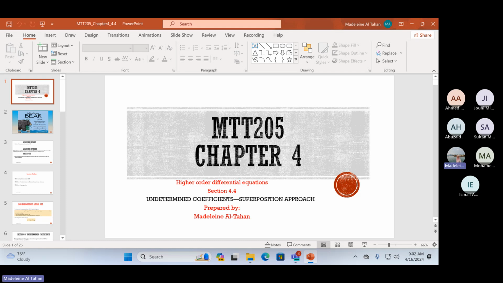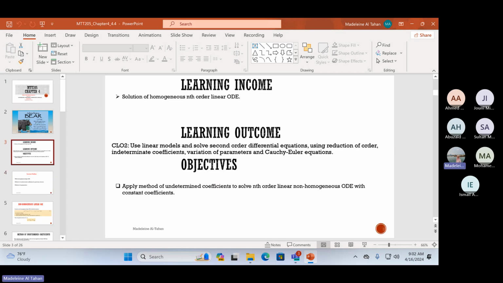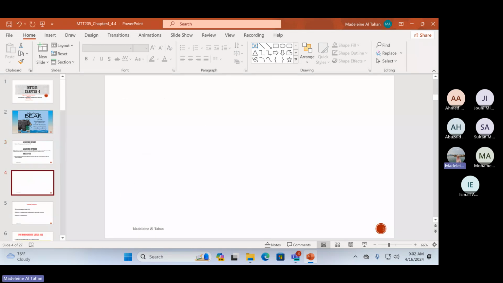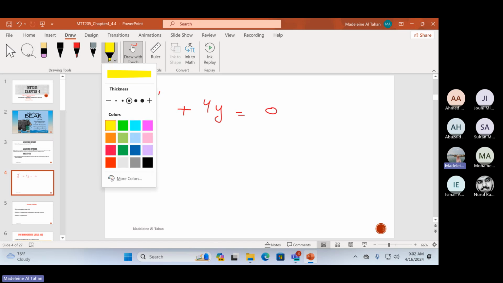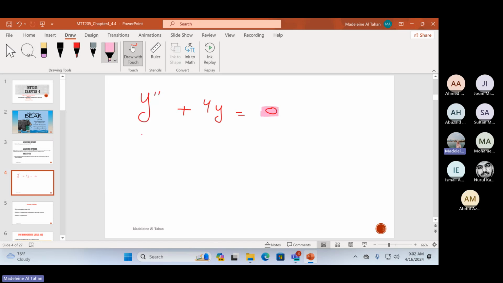In the previous lecture, we considered homogeneous linear differential equations with constant coefficients. For example, we considered y'' + 4y = 0. However, it was restricted to homogeneous ones. When we say homogeneous, it means that it's equal to 0. So this is a second order differential equation, linear, homogeneous, with constant coefficients.